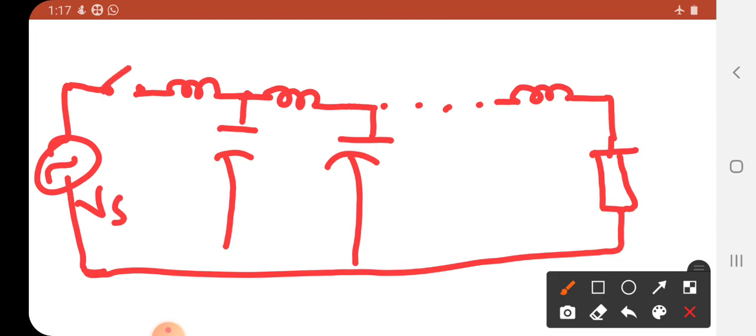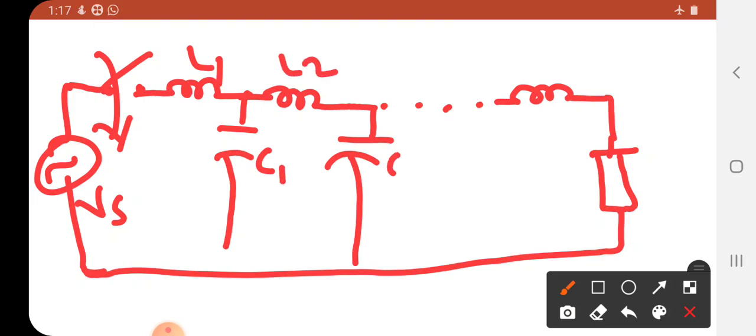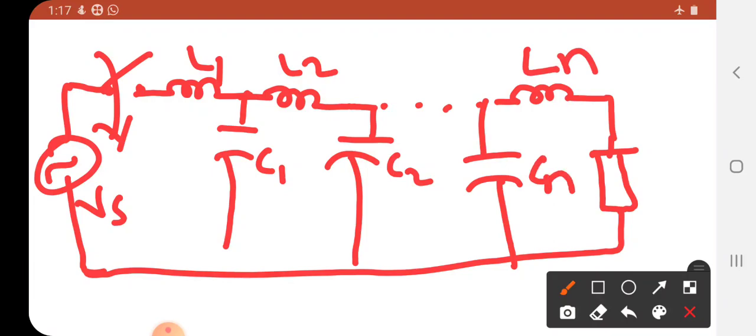Here we connect the sending end voltage and the switch: L1, C1, L2, C2, up to LN, CN, and here it may be the load.